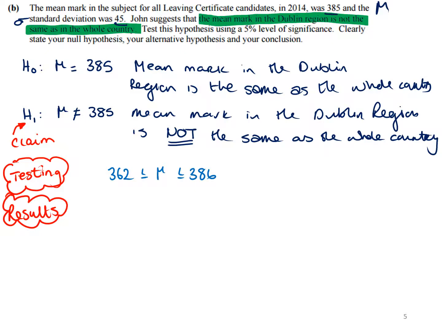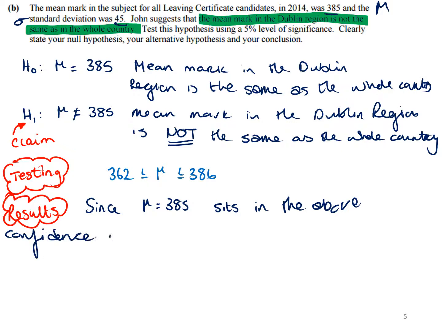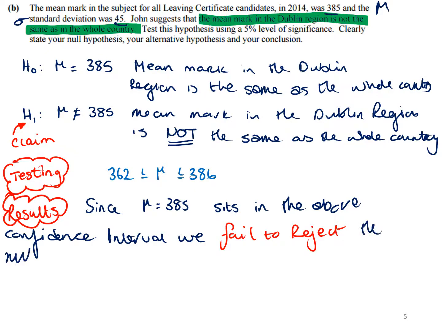So what we would say is: since mu equals 385 sits in the above confidence interval, and the language we use here is we fail to reject the null hypothesis. Okay, so that's the result.